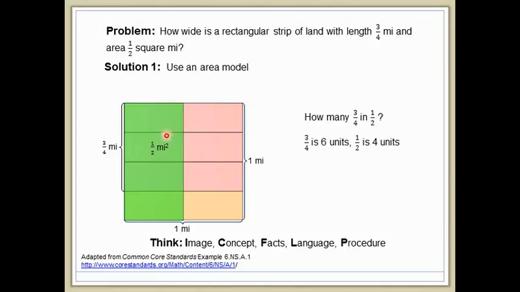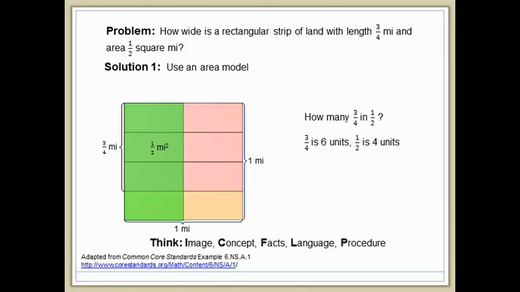Well, again, 3/4 is 6 units, and 1/2 is 1, 2, 3, 4. These 4 units represent 1/2. You'll notice again that this unit of an eighth comes up. You see the 8 parts comes up, this little mini unit. That again is that common factor, or the least common multiple of 2 and 4, the common denominator.